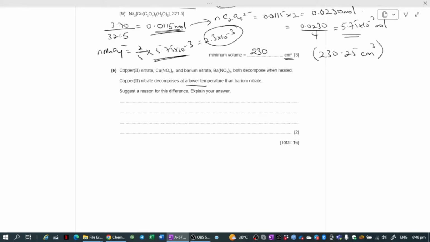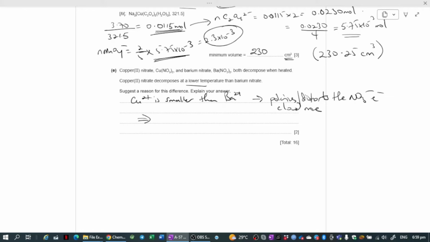Right? What this means is that the copper 2 ion is a smaller ion. Right? Cu2 plus is smaller than Ba2 plus. Because it's a smaller ion, its polarizing effect is greater. So it polarizes or distorts the nitrate electron cloud more.